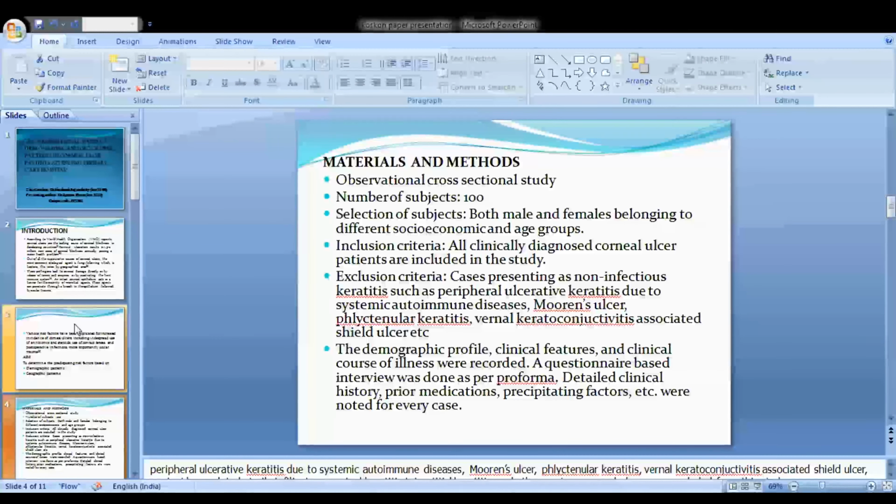Materials and methods. This was an observational cross-sectional study with a study subject of 100. Both male and female subjects belonging to different socioeconomic age groups were selected.